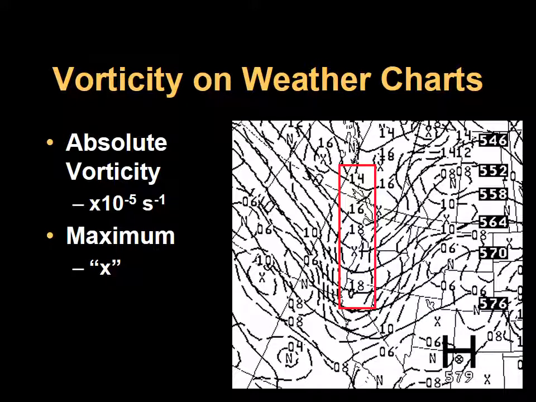Those numbers, multiply those by 10 to the minus fifth, and that gives you the number of radians per second that rotation is there. Now this is absolute vorticity. Remember, absolute vorticity is the sum of Earth's vorticity and relative vorticity.